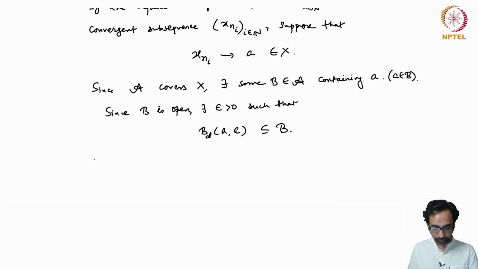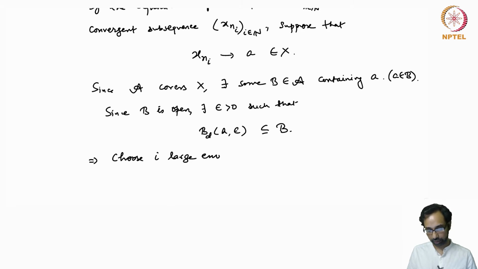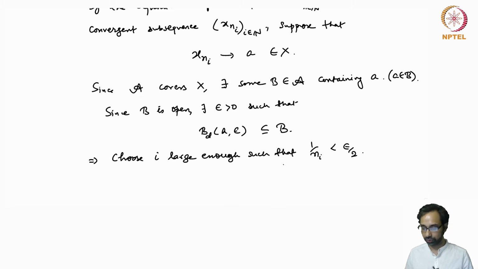On the other hand, now we can choose i large enough such that 1 over ni is less than epsilon by 2. This is possible because ni is a strictly increasing sequence of natural numbers. So there will be a large enough index i for which 1 over ni is less than epsilon by 2. Here epsilon is from the radius of the basic neighborhood around a.